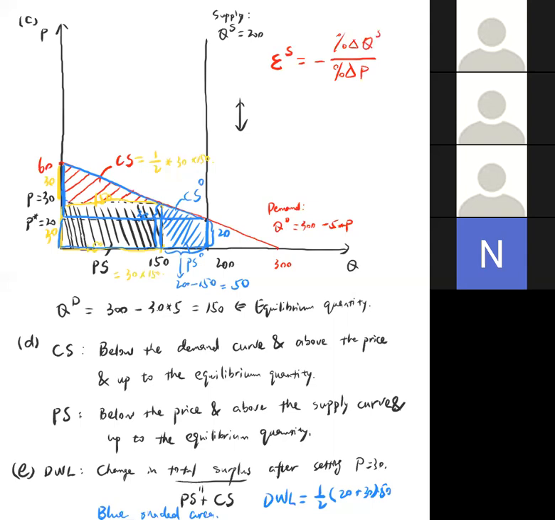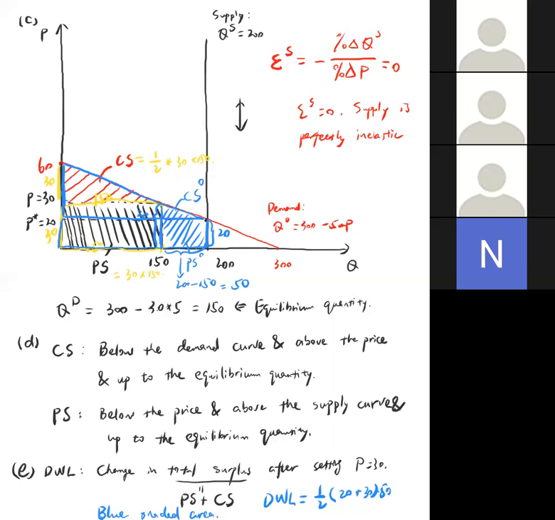By our description, if QS is a fixed number, then no matter how price changes, the change in quantity supplied will be 0. So epsilon S is 0. When there is a vertical or fixed supply curve, epsilon S equals 0. That means supply is perfectly inelastic.